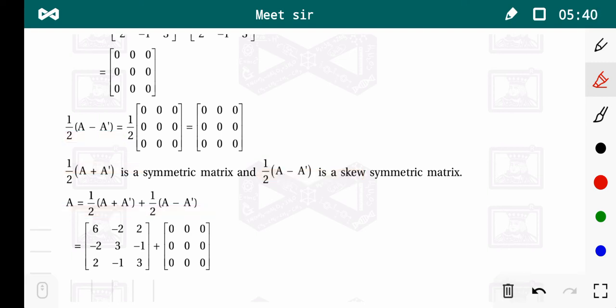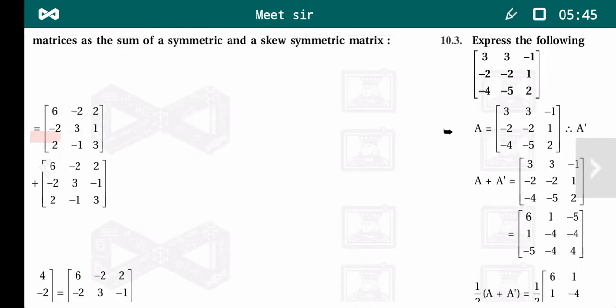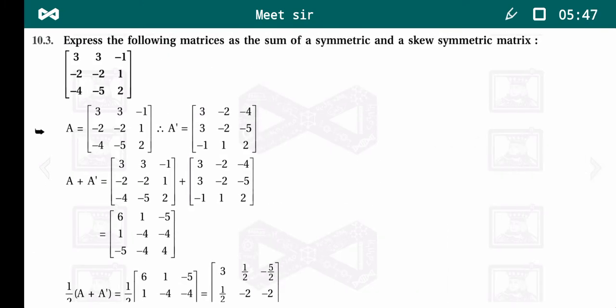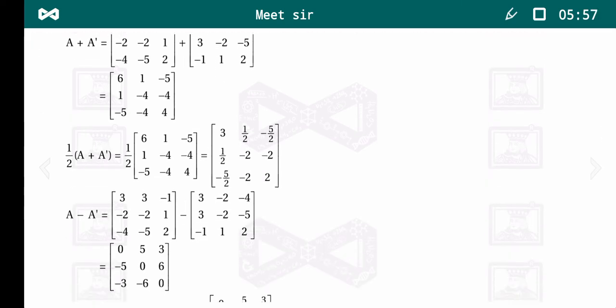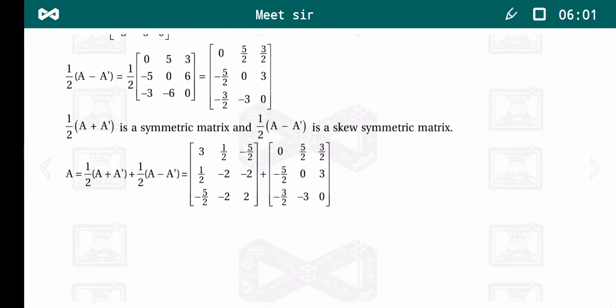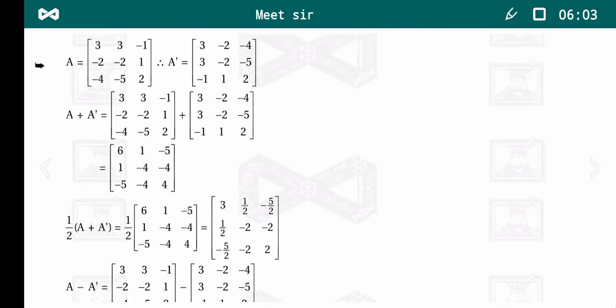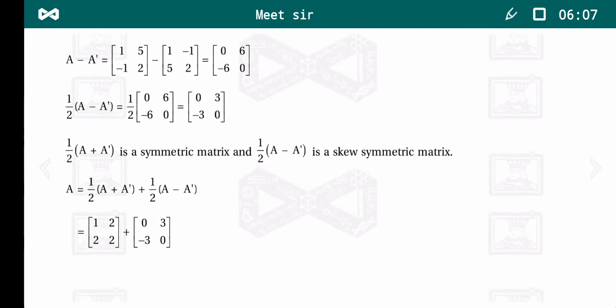Now, similarly, we can express the matrices given in examples 10.3 and 10.4 as a sum of symmetric and skew symmetric matrices as given here. This is 10.3 and this example is 10.4. Clear?